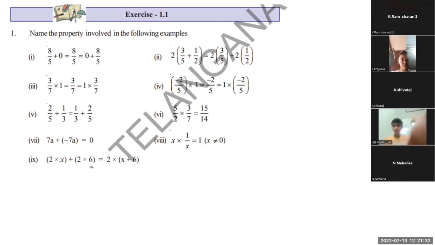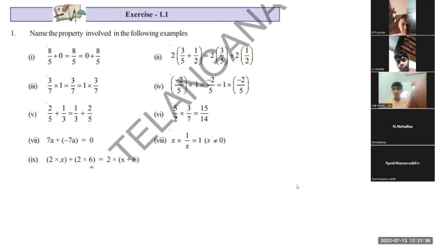Name the property involved in the following example. What is the first one? What is the first property involved there? 8 by 5 plus 0 equals 8 by 5 equals 0 plus 8 by 5. Which property is involved here?